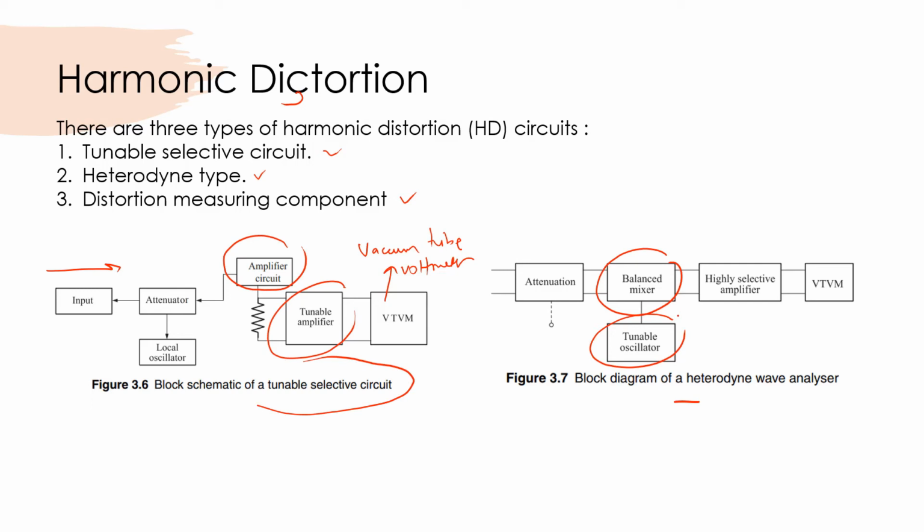Okay, so because we use the tunable oscillator here in the heterodyne wave analyzer, we can tune the frequency in the local oscillator. So the frequency range of the heterodyne wave analyzer is more flexible than the tunable selective circuits.